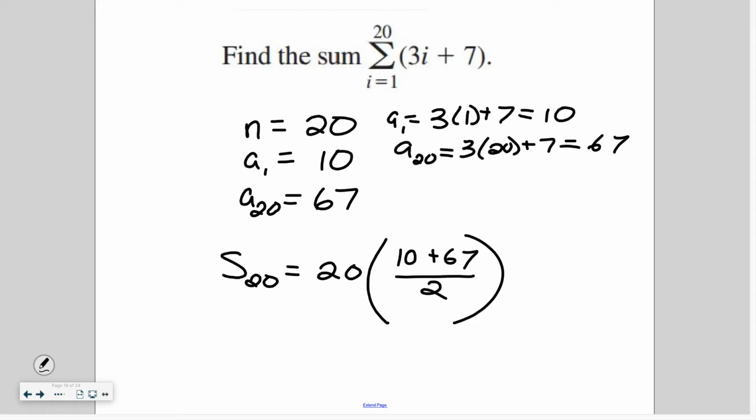So do the 10 plus 67, then divide by 2, and then I would multiply by 20. What do we get? 770?